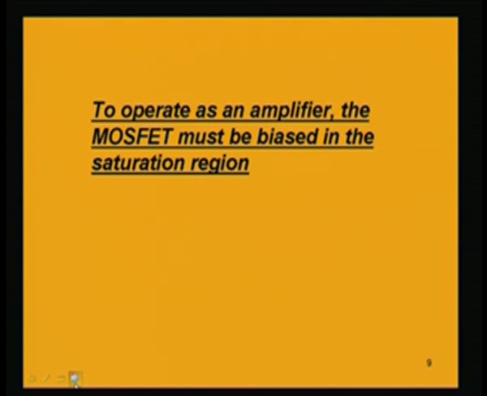Now, one important thing to remember before going to discuss the amplifier in detail is that to operate as an amplifier, the MOSFET device must be biased in the saturation region. This is an important thing to note: we will always operate the MOSFET in saturation when we want to apply it as an amplifier. It is just like when we considered the BJT as an amplifier, we operated the transistor in the linear region, that is, the active region.